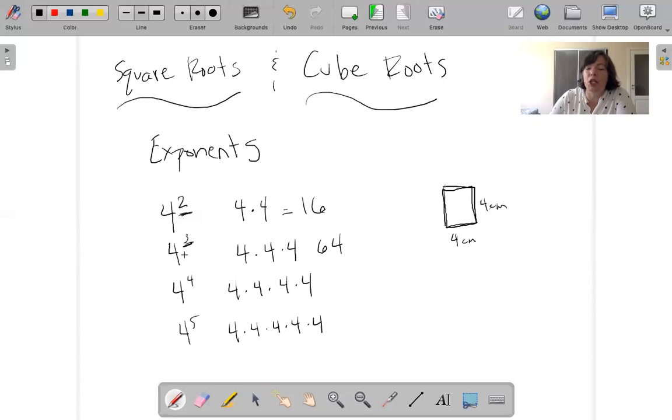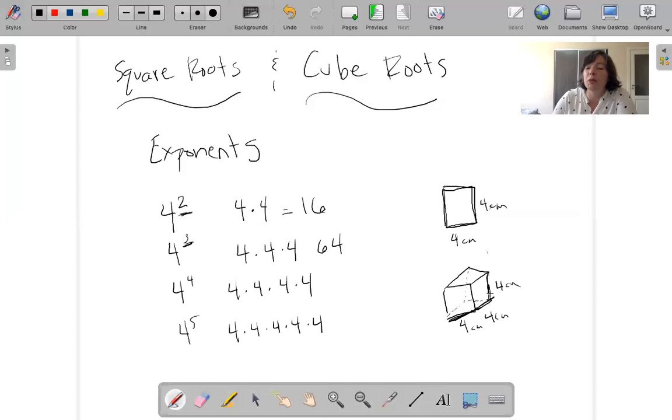And the same thing with a cube. Well, what does a cube look like? A cube looks like this. And it's all the same. We have width, length, and height all the same on a cube. 4 centimeters, 4 centimeters, 4 centimeters.